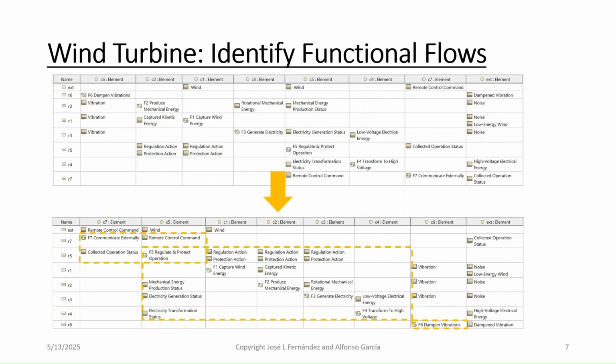And finally, those functions that are involved in feedback loops are as close as possible between them in a way that their inputs and outputs are as close as possible to the diagonal of the chart. Doing this will allow us to see the sequence of transformations to convert external inputs into external outputs, facilitating the identification of the different functional flows of our system.